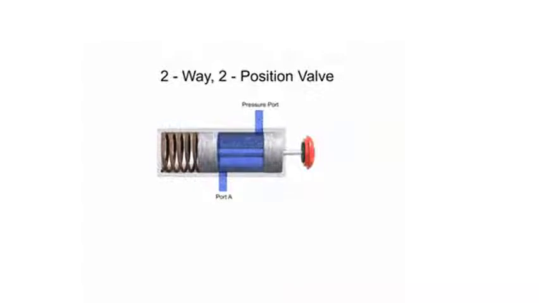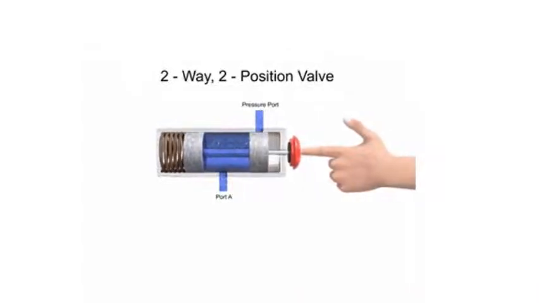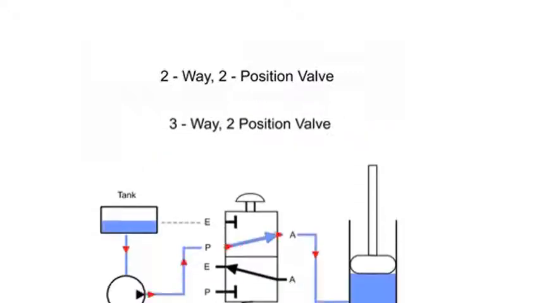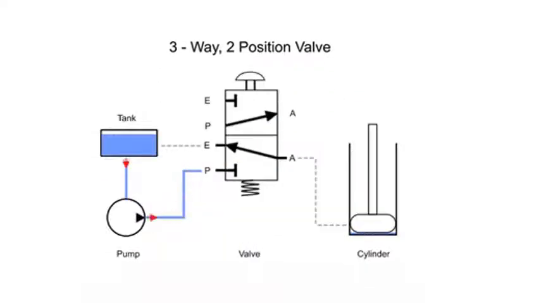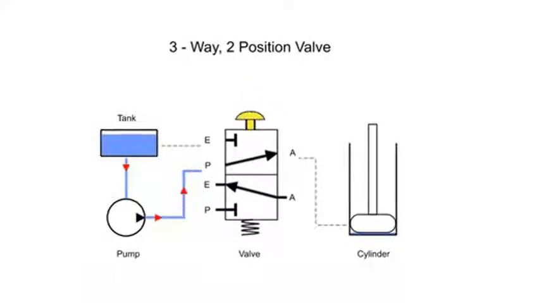Look at this, the difference between normally open and closed. To close the path, external force is required. This is the 2x2 valve representation. Next is 3x2. Here 3 ports, pump port, actuator port, E is here reservoir.